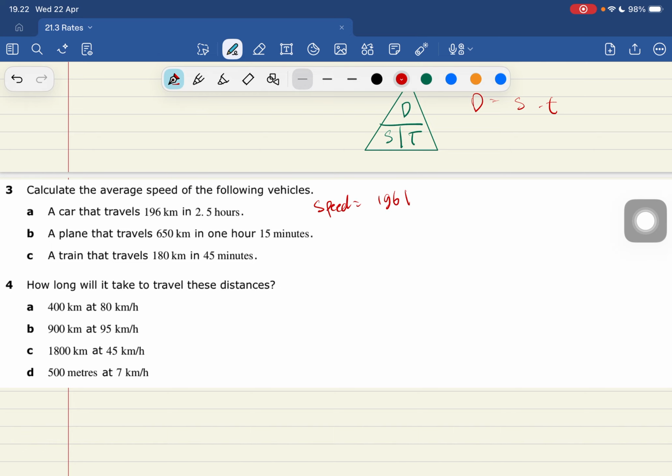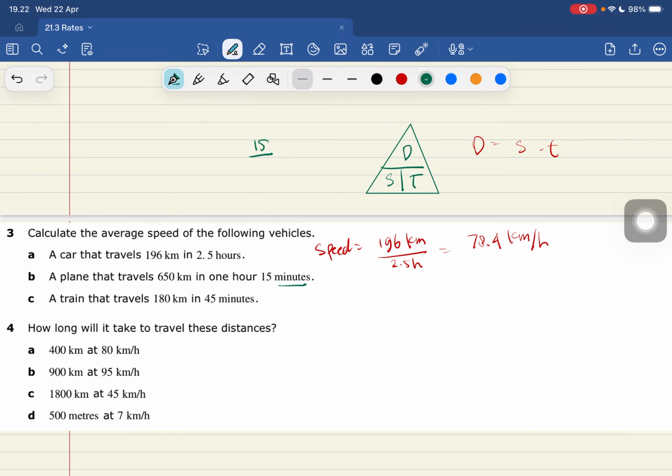Here is also speed. This is 1 hour 15 minutes. Let's convert into hours. So 15 over 60 is 1 over 4, or if we would like to make it into decimal, it's 0.25.